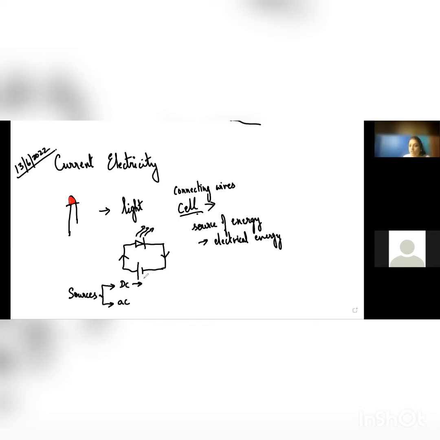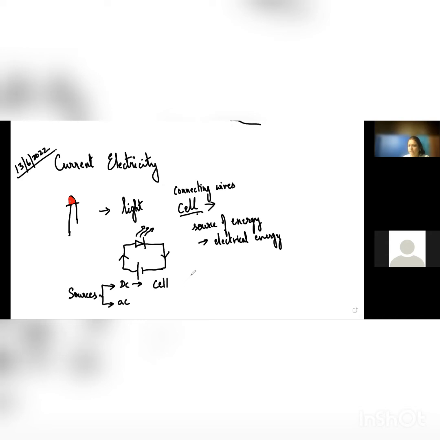So right now it is all the direct current that we are talking about. Your cell is a source of DC current. So cells is what we are going to study in detail today.